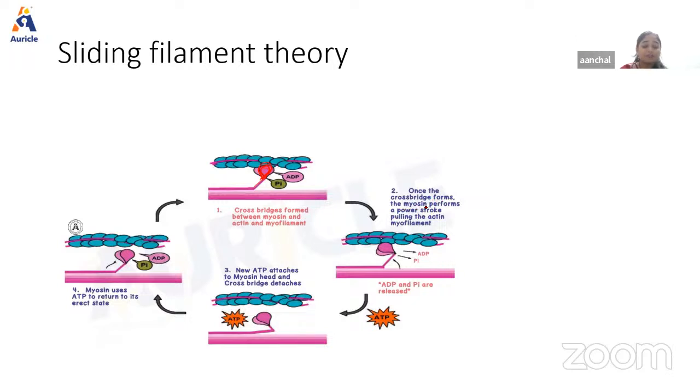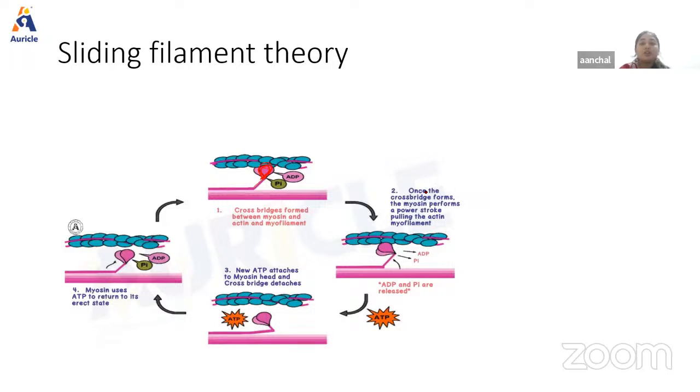What is power stroke? Power stroke is when each cross bridge formed from the myosin filament has the three components we have already discussed. Whenever it binds with the actin filament, at that time it produces the power stroke. So in short, we can say the tilting of the head of myosin is known as the power stroke.